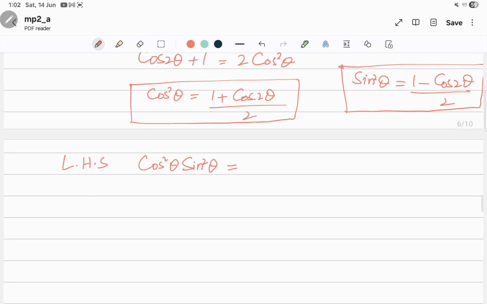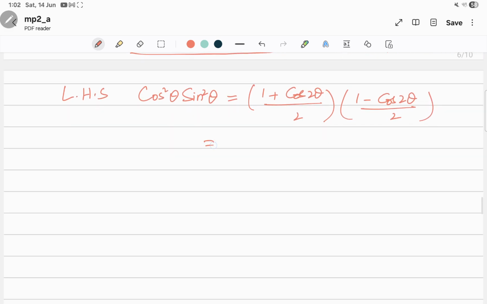So the value of cos square we can replace with 1 plus cos 2 theta over 2, and sine square theta we can replace with 1 minus cos 2 theta over 2. Then, if you do the term by term multiplication, in the denominator you will have 4 because 2 times 2 is 4.